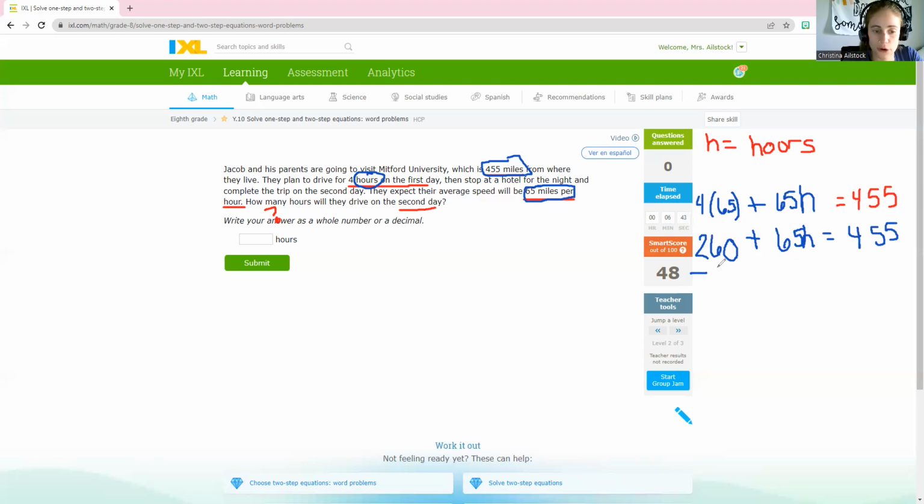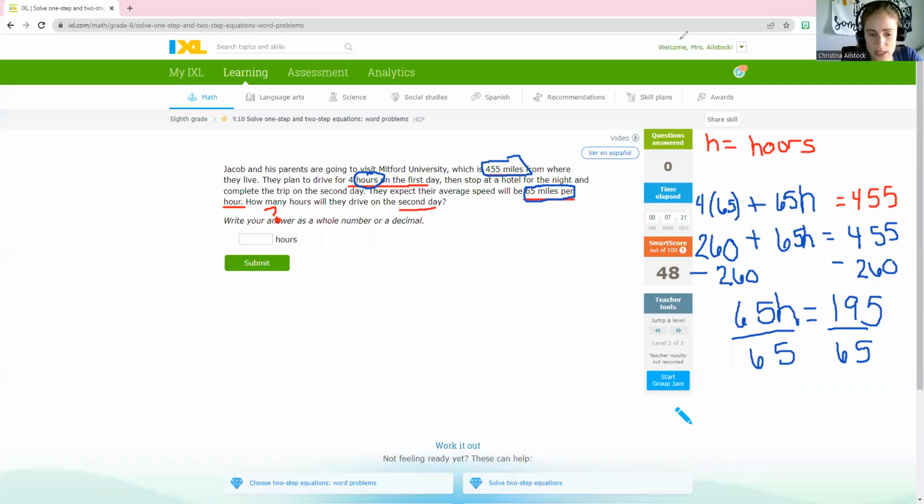And then to solve for h, we need to subtract that mileage. So 65h equals 195 miles to go. Then on that second day, we'll divide by 65 here.